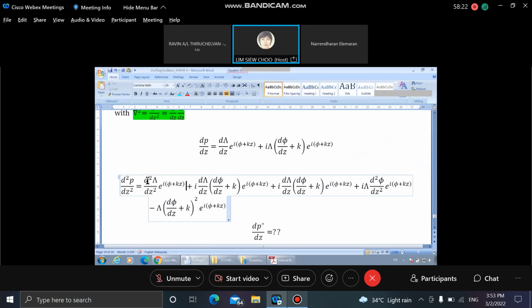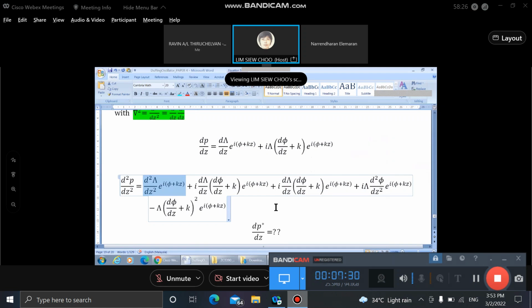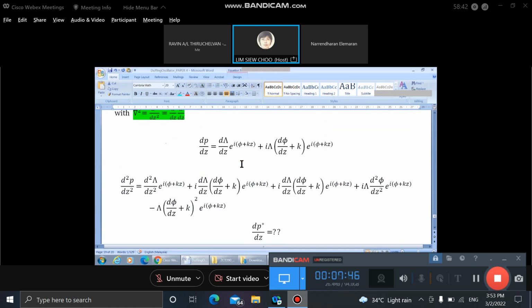So when you see the terms like this, you need to cancel the whole terms, right? So for example, you need to cancel the term with the square of the first derivative, square of this first derivative, and products of first derivative. So you need to cancel.